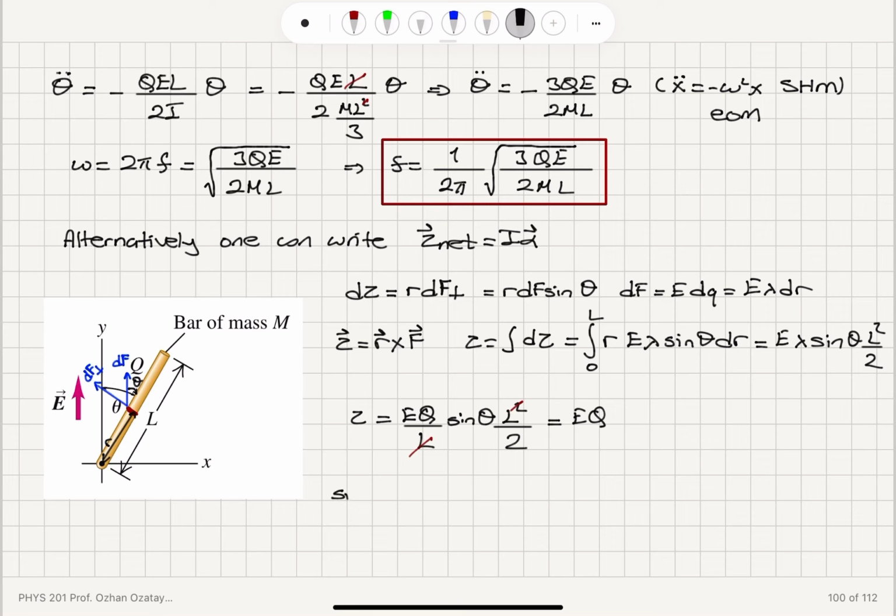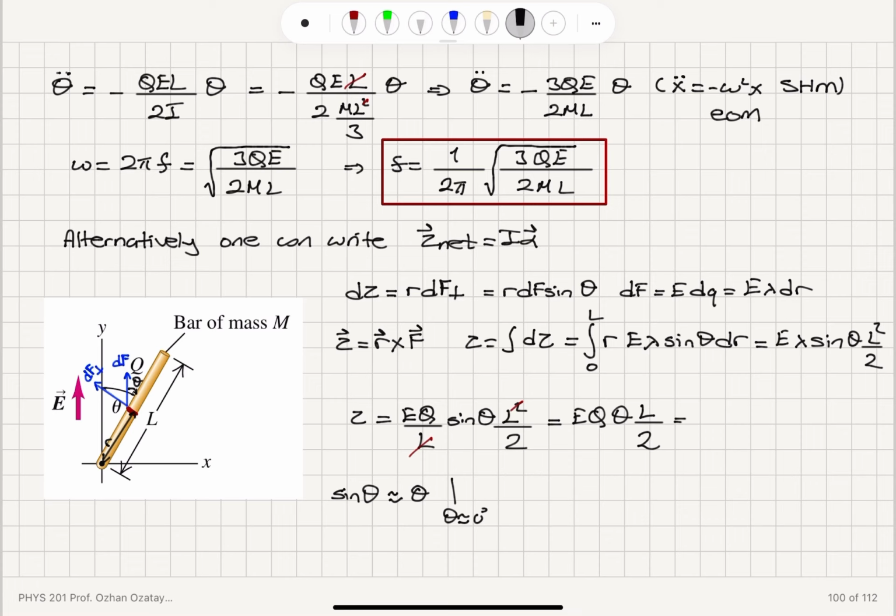For sine theta, I can substitute approximately theta, because theta is close to 0 degrees. So this is going to be EQ theta L over 2, and this must be equal to I times angular acceleration.